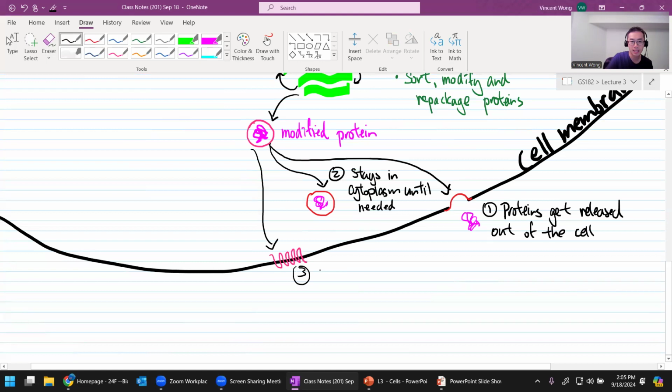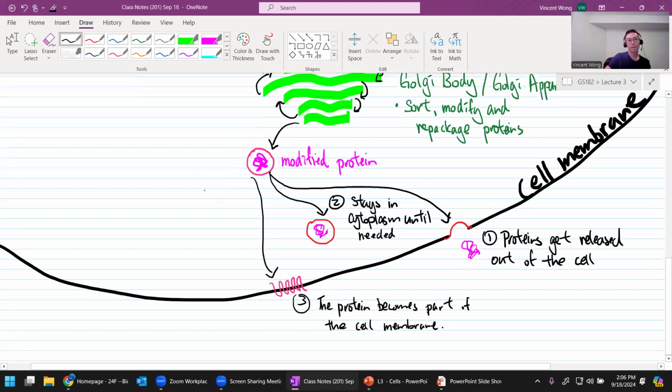Another possibility is the protein becomes part of the cell membrane. Are we good with these potential paths? Just talking about what happens to the vesicle after it comes off from the Golgi.